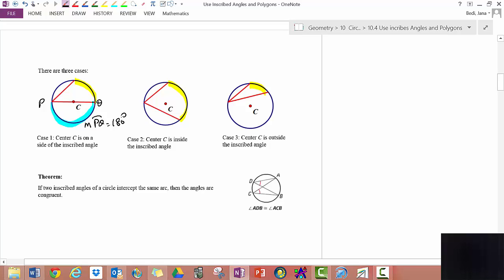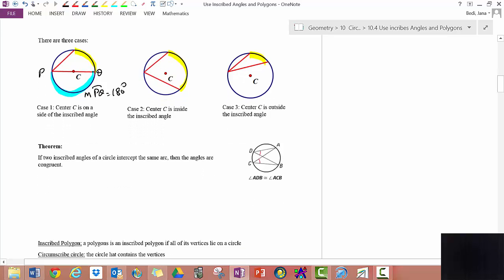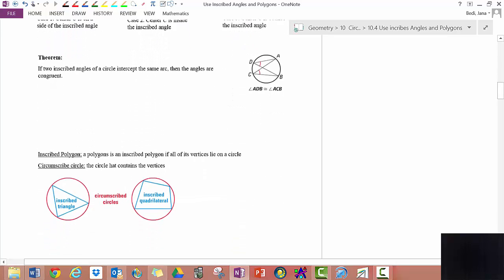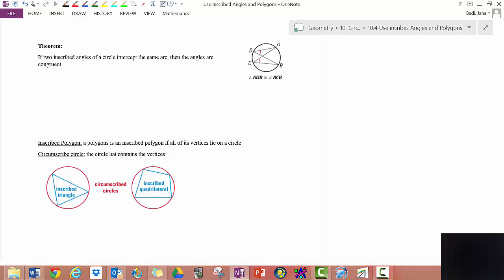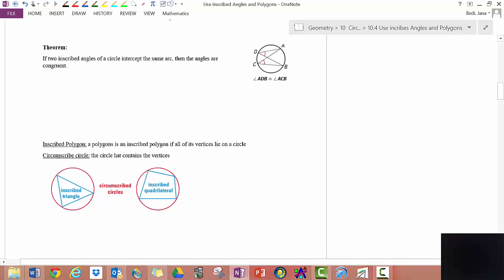Okay. On our journey of inscribed angles, if two inscribed angles of a circle intercept the same arc, so you've got angles D and C, which are intercepting arc AB.